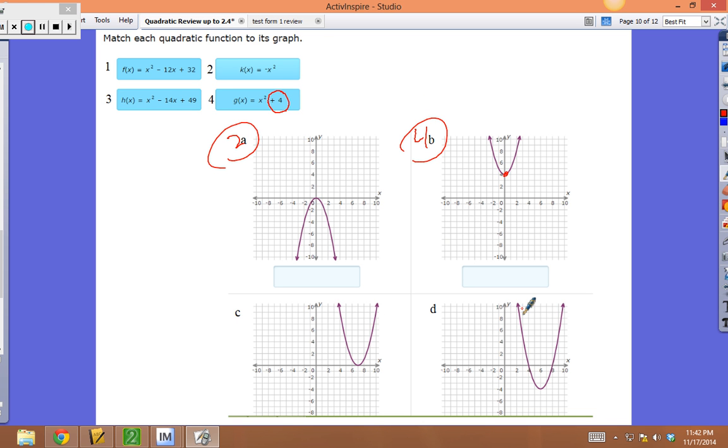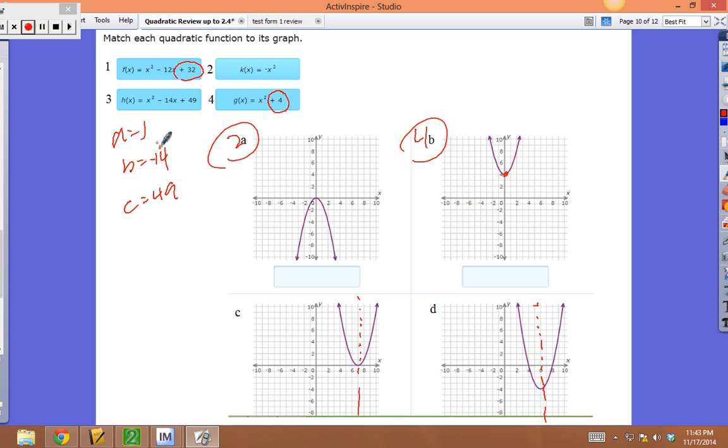Okay, now these two are not as easy. So I'm going to find the line of symmetry, because they both open up and they both have crazy intercepts. That's 32, that's 49, they're way up there. So let's look at this guy right here. A is 1, B is a negative 14, C is 49.